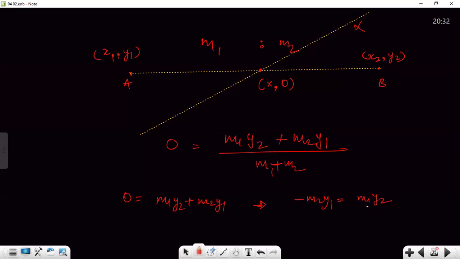Bringing m2 to the right hand side and y2 to the left hand side, m1 is to m2 becomes minus of y1 is to y2.